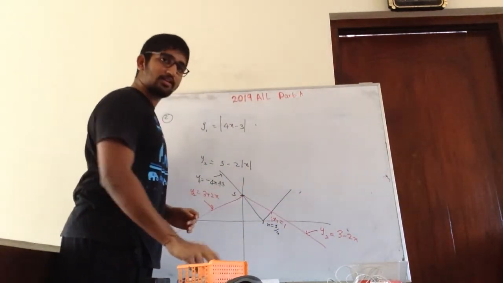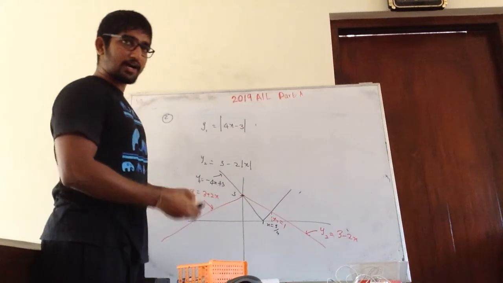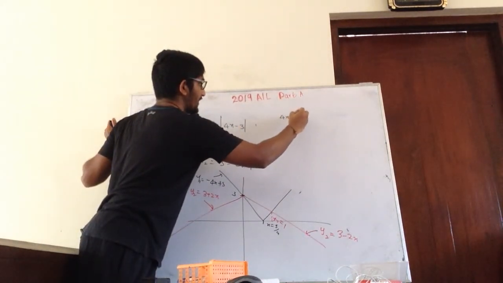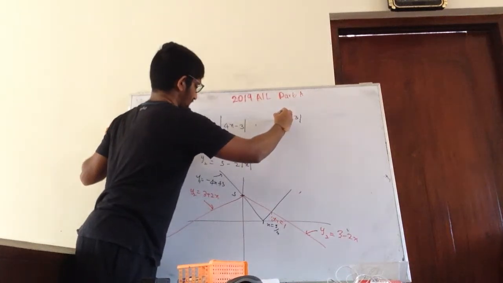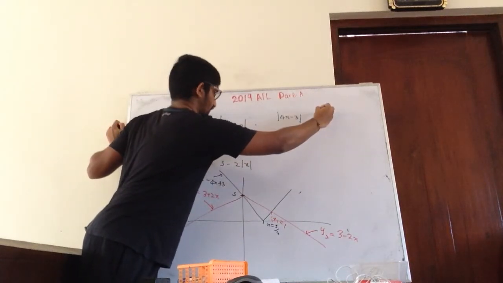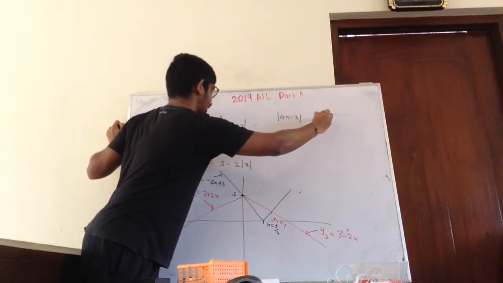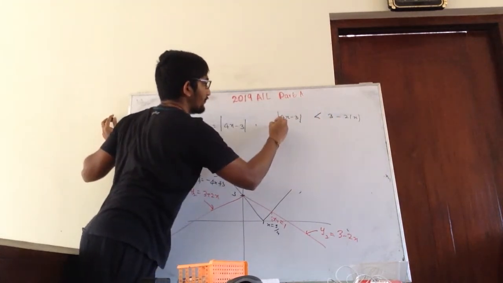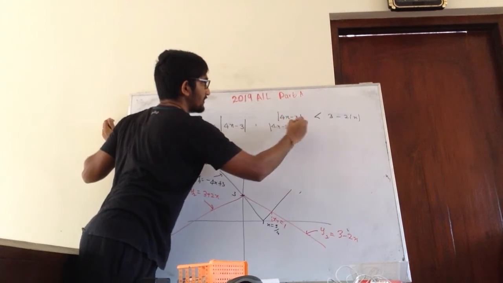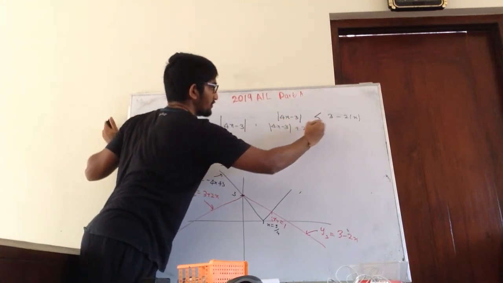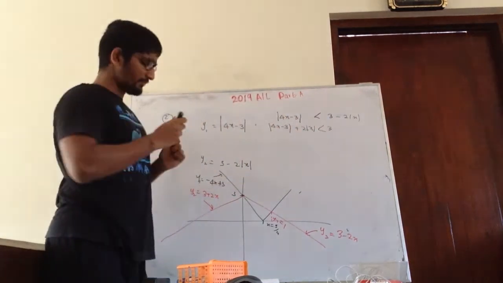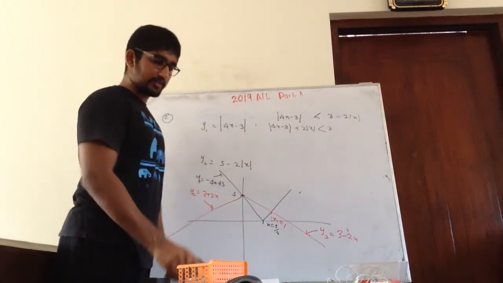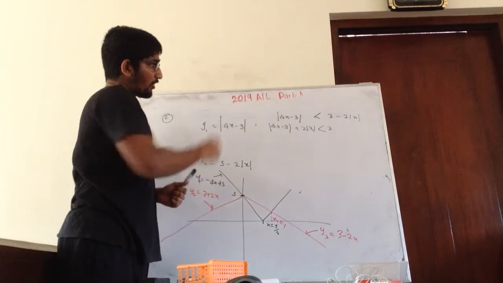So now they are not asking 4x minus 3 is less than 3 minus 2x, or basically 4x minus 3 plus 2x. Now they are not asking this.